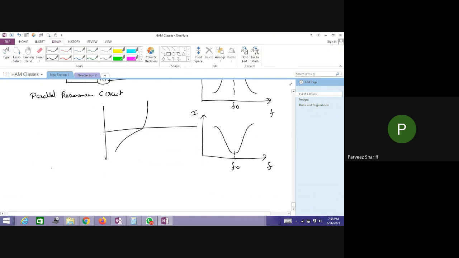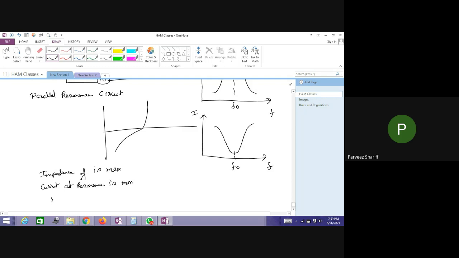So we can conclude that with a parallel resonance circuit, the impedance is maximum, and the current at resonance is minimum.